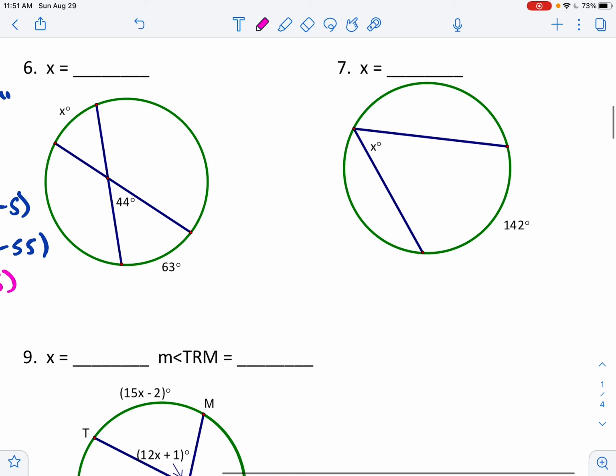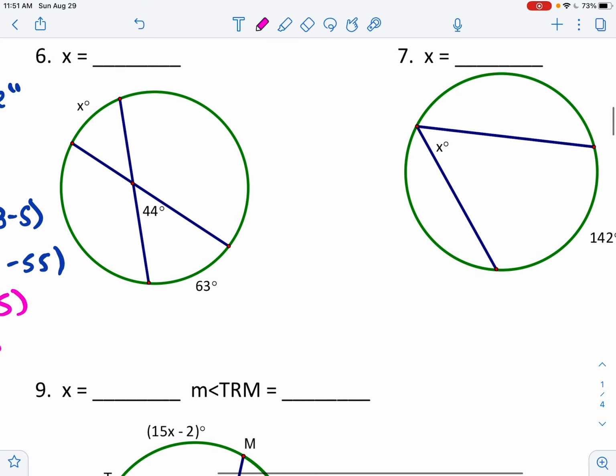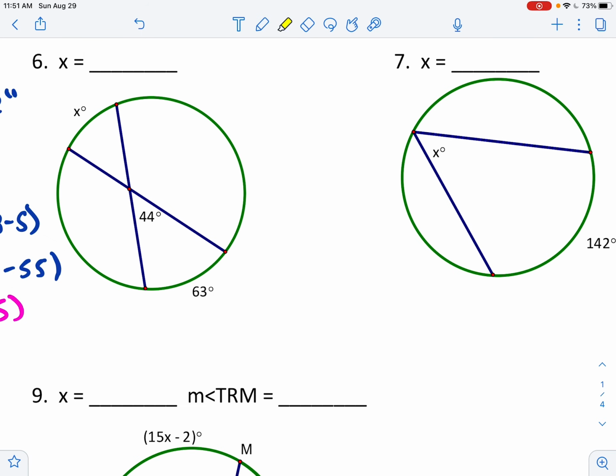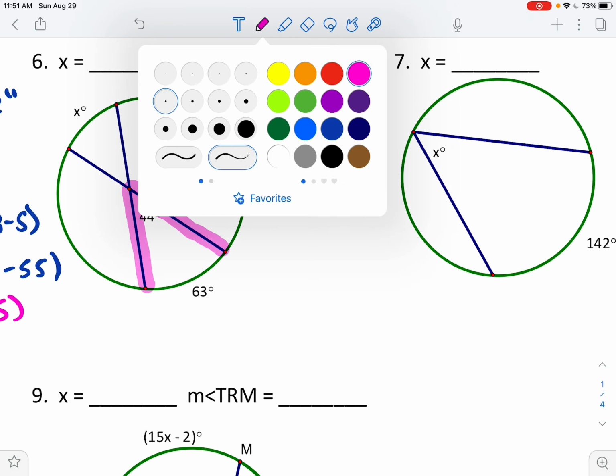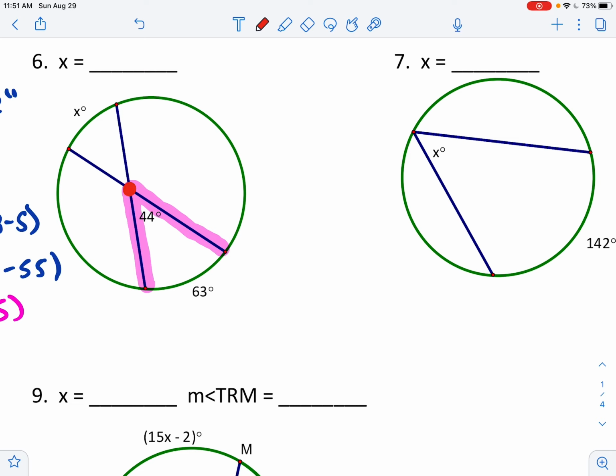The next type of problem we have here, question number 6, notice my angle is right here. And this angle, the vertex is this point right here in the middle. This is an inside angle.